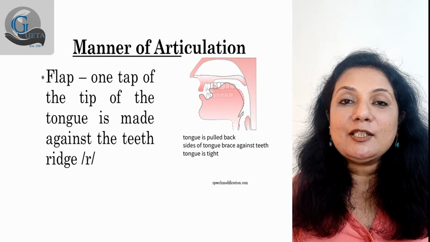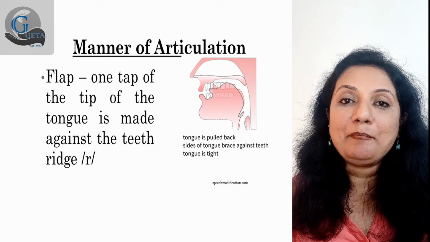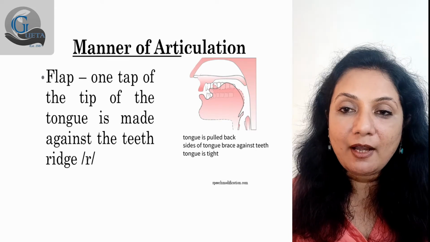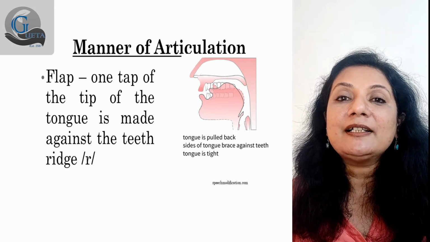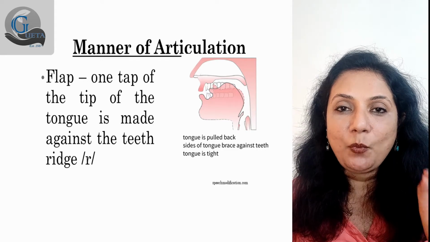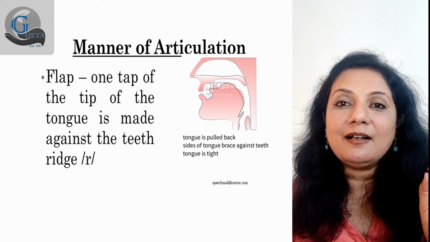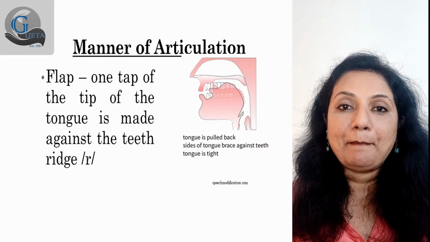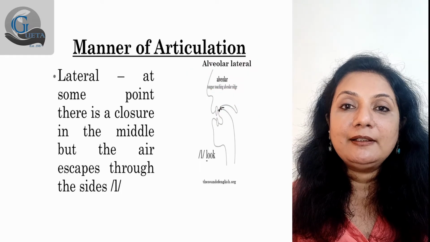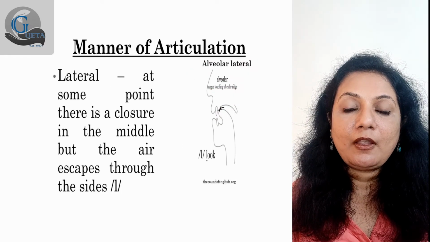In flap, there is only one tap of the tip of the tongue against the teeth ridge. Just one tap against the teeth ridge. Ra. Ra. As in the word very. Ra. That is flap.